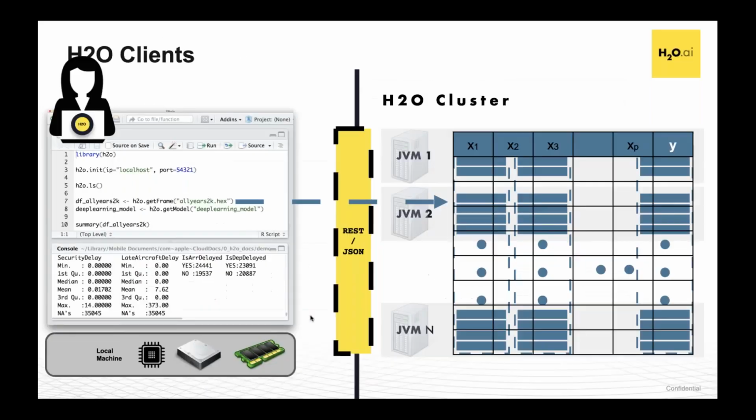And you as a data scientist only communicate through the REST API, which is hidden from you behind the scenes, and never get this whole massive data set that would never fit on your laptop onto your computer.